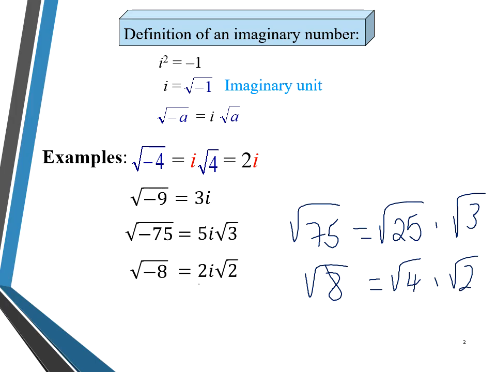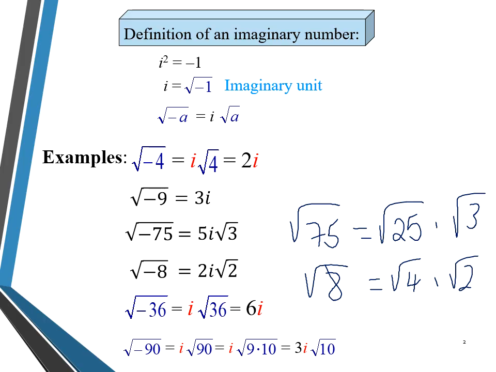So the square root of 4 is 2. That's how we got the 2. And the square root of -36 is 6i. The square root of -90 is the square root of 9 times 10 times i, that's 3i square root of 10.